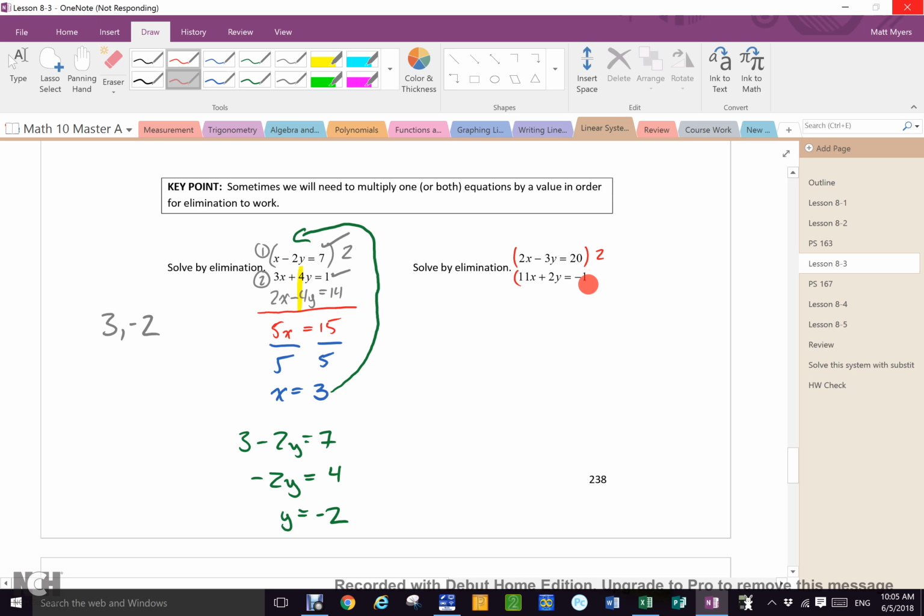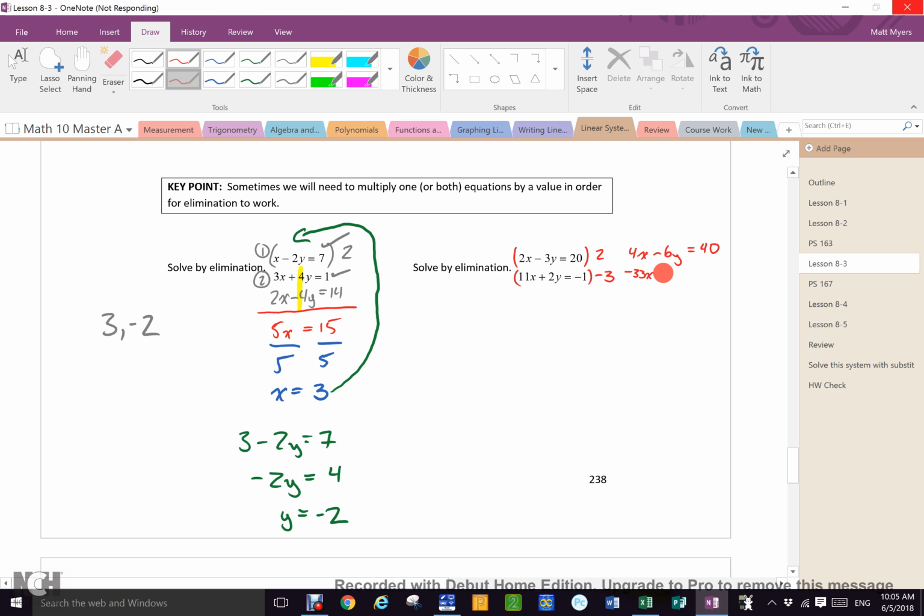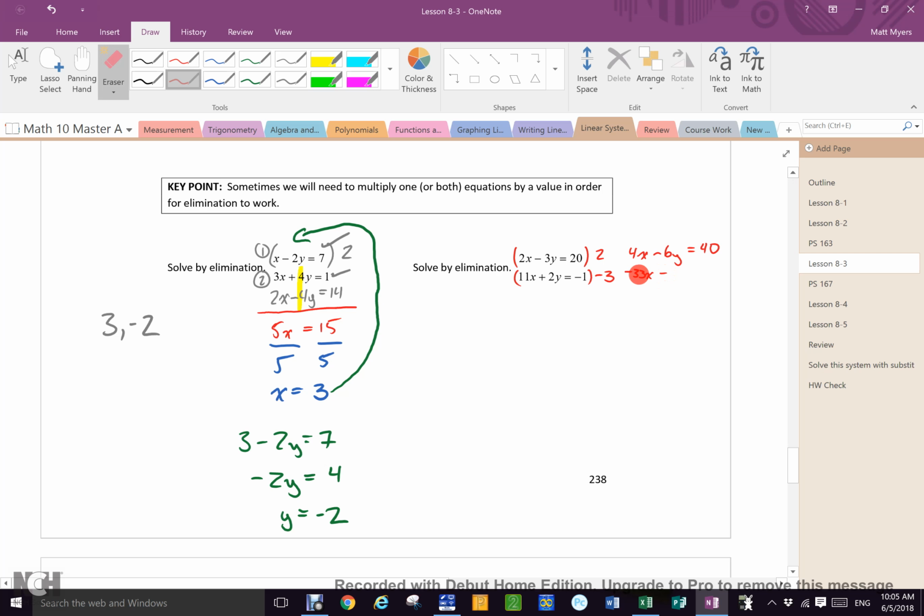Then I would have 4x minus 6y equals 40, and negative 33x, sorry, I should have used plus there, plus 33x plus 6y equals negative 3.